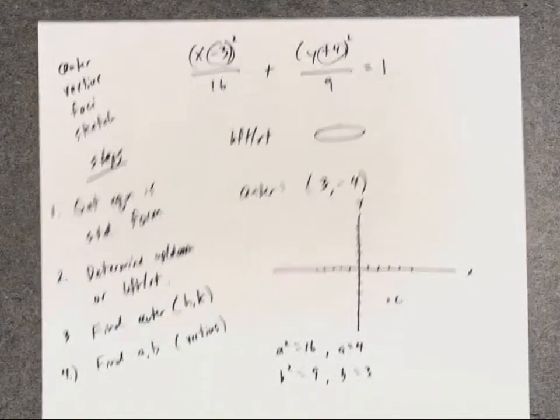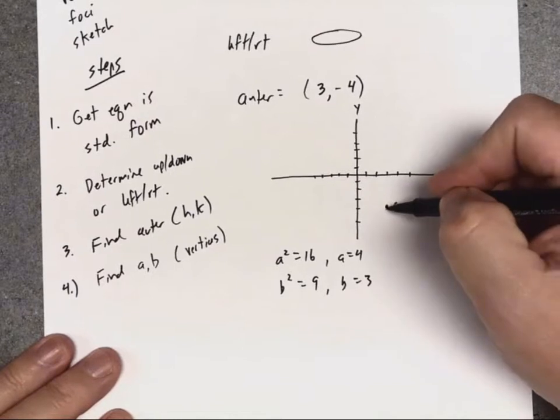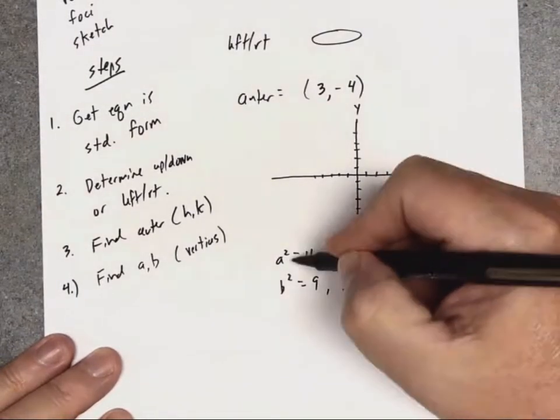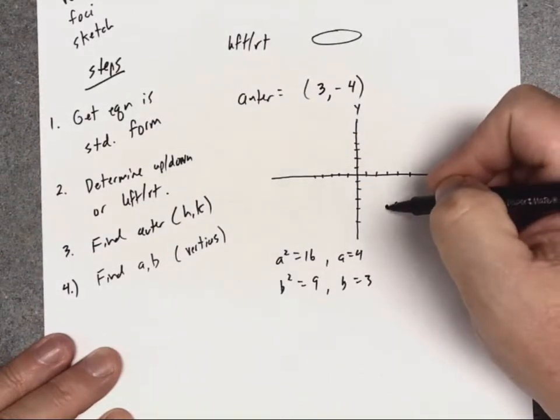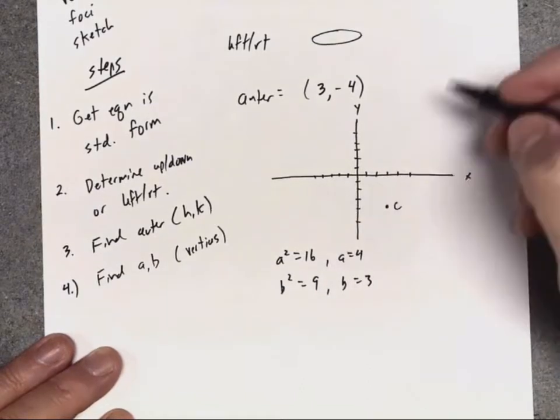And now all I do is go from my center. Remember, A is my major axis, which is horizontal. I'm going to move 4 to the left and 4 to the right, because that's what A is.